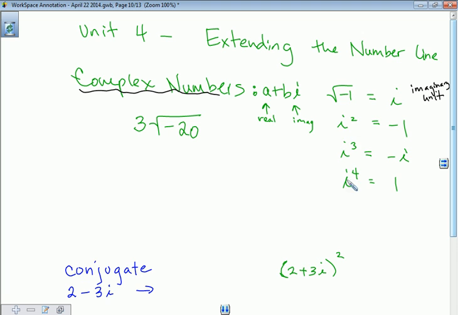Now, we also did a little experiment and figured out what our powers of i were. i squared is -1, i cubed is -i, i to the fourth is 1. Your calculator is limited in what it will do, but if you had a complete brain freeze, your calculator can do some of this.